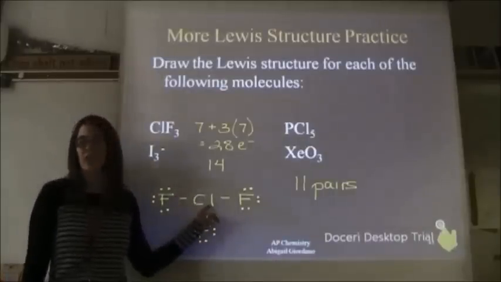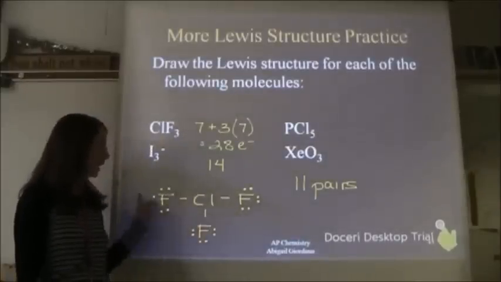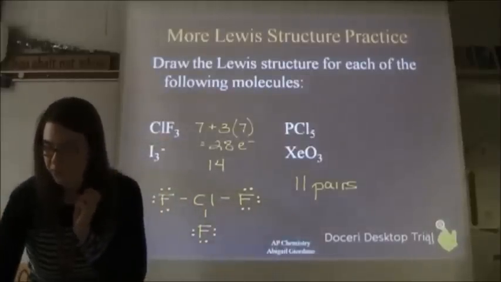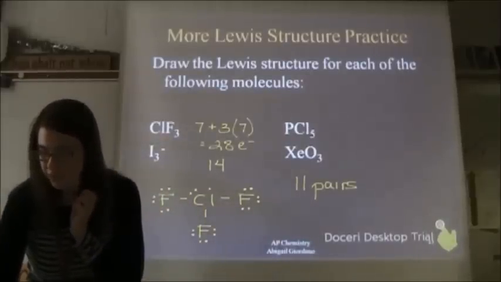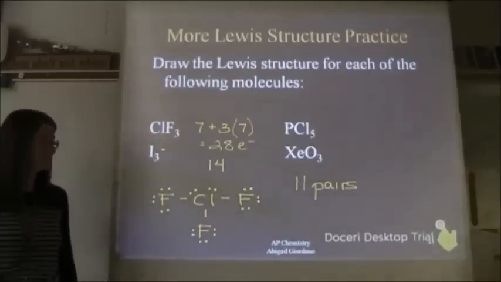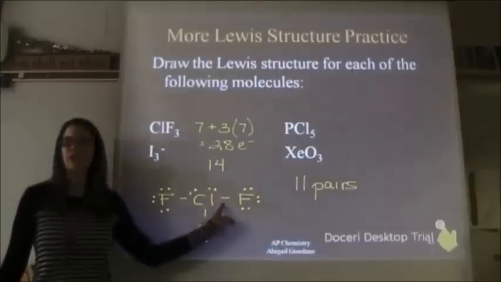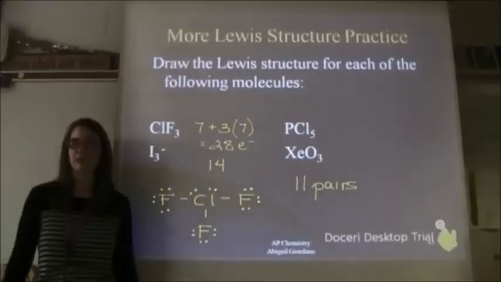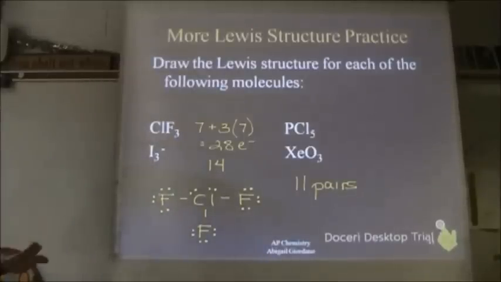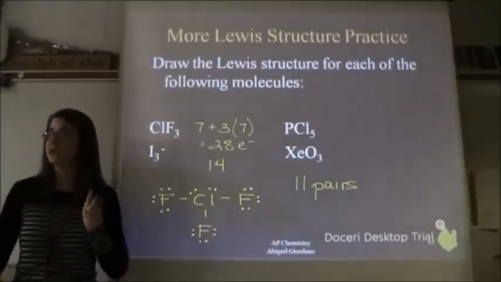On the central atom, no matter how many you have left over. I did 9 lone pairs. I have 2 more. Both of those extra pairs are going to go on the central atom. How many pairs does this chlorine have around it now? 5. That is exceeding the octet rule, and that's okay. Chlorine can do that. It has available d orbitals.